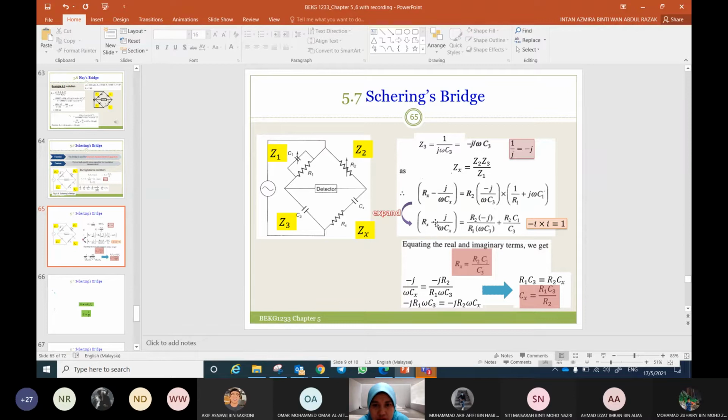So we equate this real with this real term. So Rs will be equal to R2 C1 over C3. And then this is the imaginary part, so minus j over omega Cs is equal to this negative j R2 over R1 omega C3, and then we simplify until we get Cx.